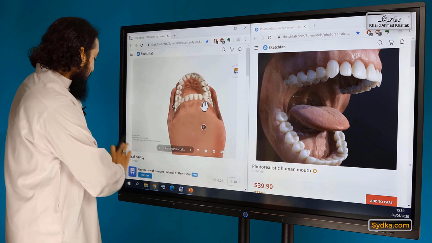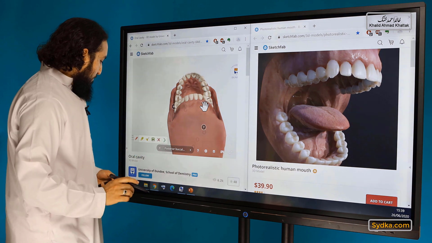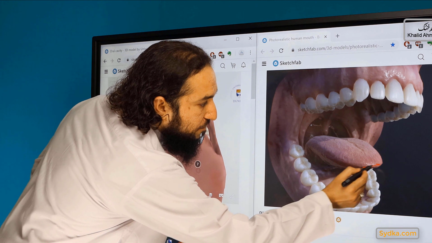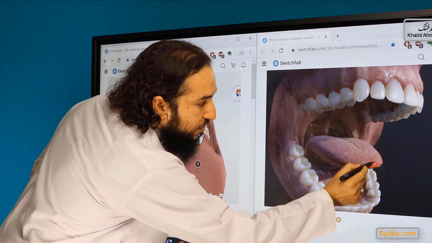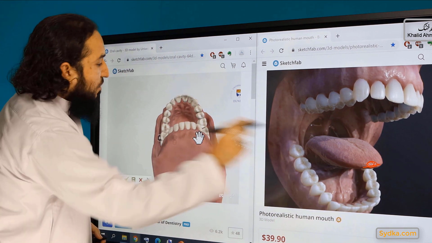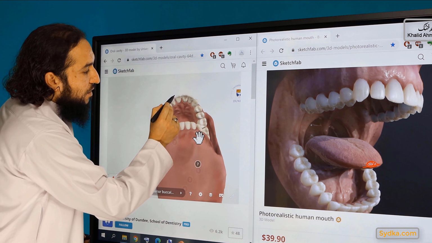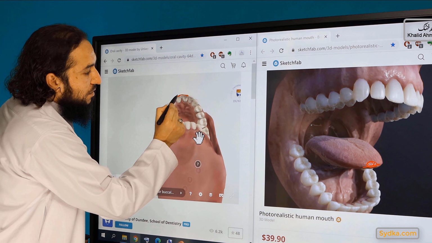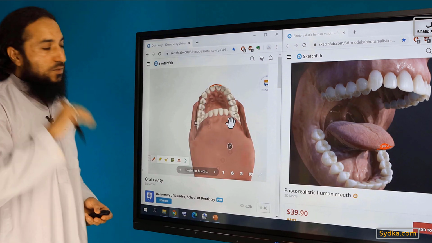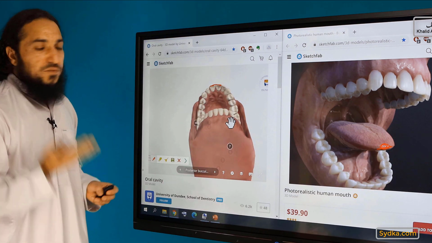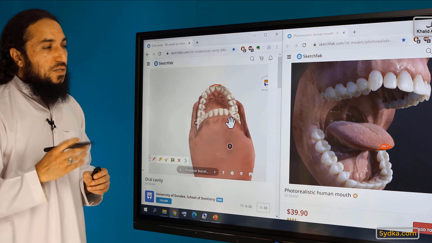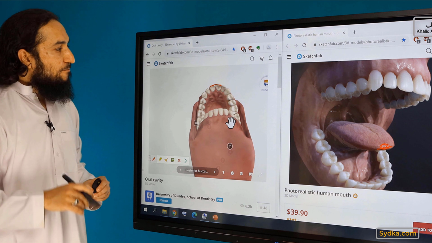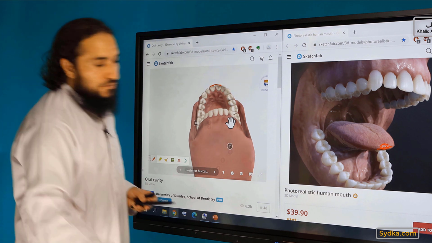If you see here, this is the tip of the tongue, and we're going to use the top side of the tip of the tongue, and that is going to be touching the tip of the two incisors. So that's what makes the sound ta. I hope this will make it easy for you.